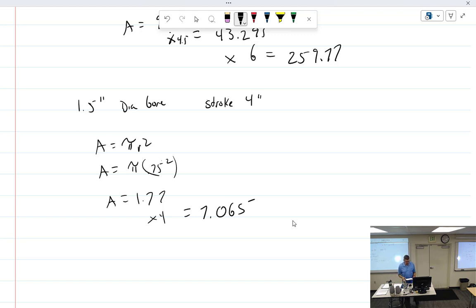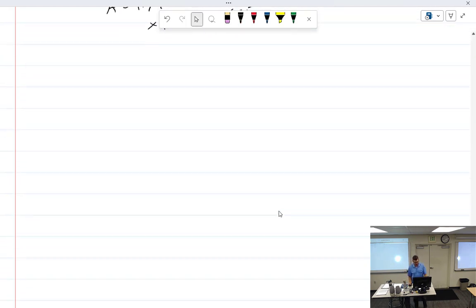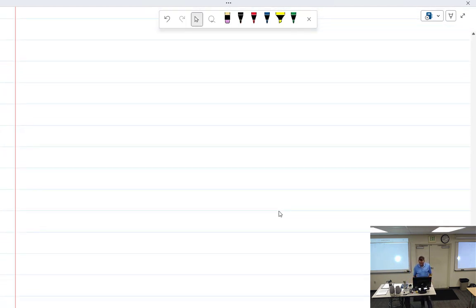All right. What is the displacement of the following engine? We have a 4-cylinder engine with an original cylinder bore of 5.125 inches. But as part of a rebuild, the cylinders were bored oversized by 0.020 inches.